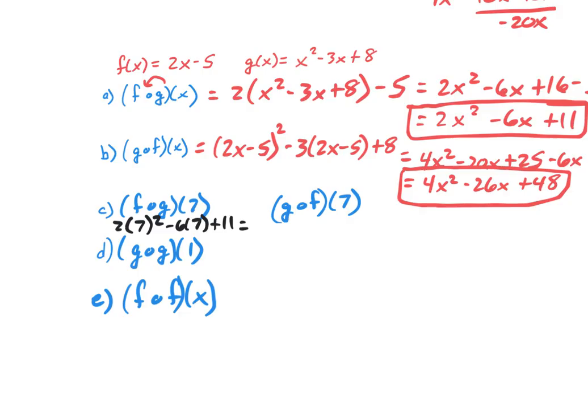If you plug it in just like that, make sure you use parentheses, because you have to watch out for negatives and things like that. But exponents first would be 49 times 2 is 98. 98 minus 42 plus 11. If I do all of that, I think we end up with 67. So we get an answer of 67.